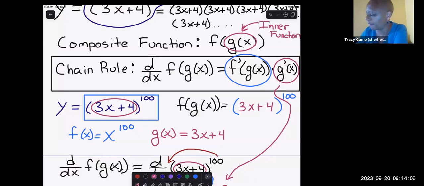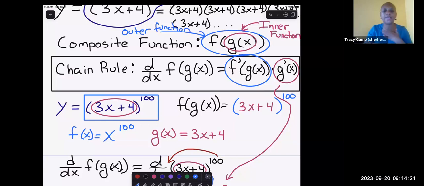And then the f of x is referred to as the outer function. And the f of x, the outer function, that's basically the function that you have in the normal derivative rule. It's the function where you just have an x, right? And then the inner function is the function that is in place of the x.